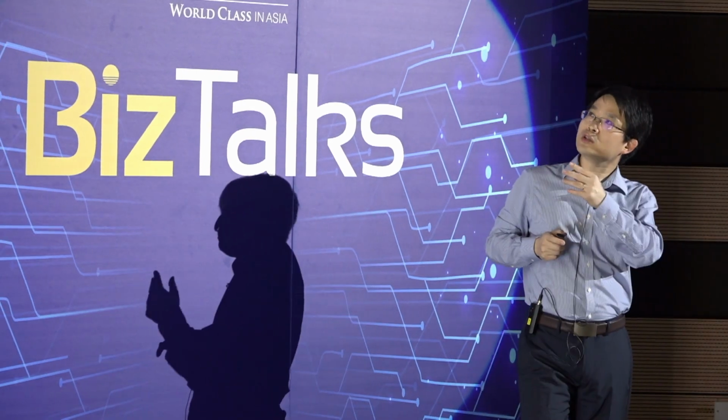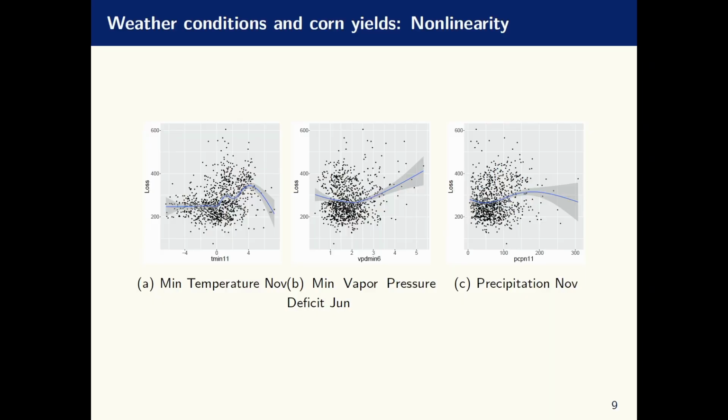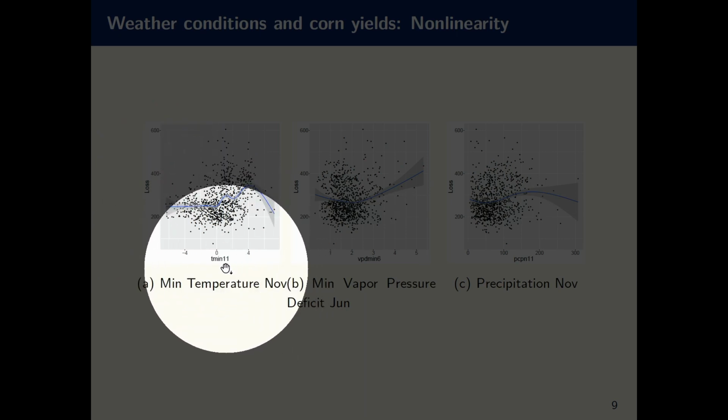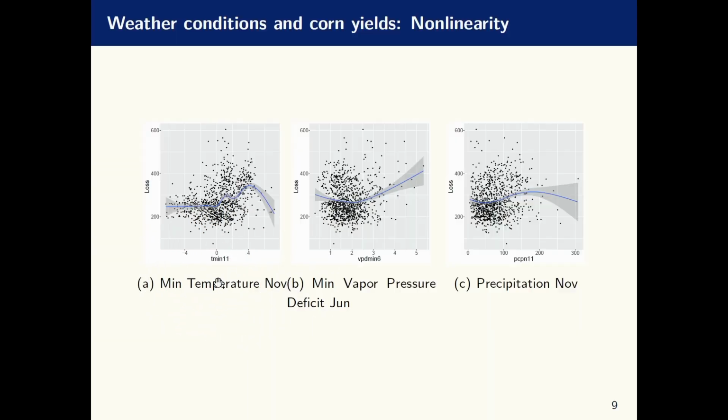So first, I'm going to show you why we want to highlight nonlinear patterns a lot. This figure shows you some univariate results. Here we basically plot production loss against one weather variable. For example, in the first panel, panel A, we plot against the minimum temperature in November.